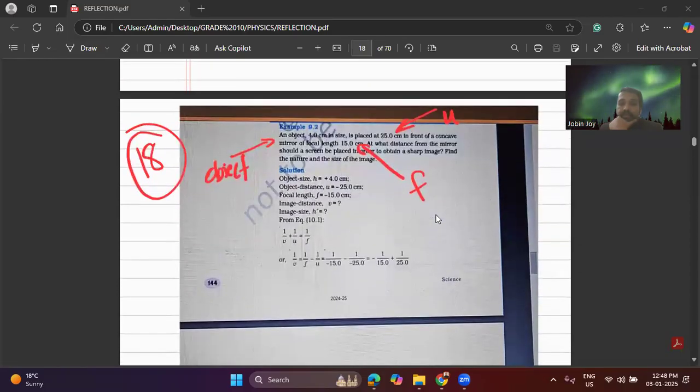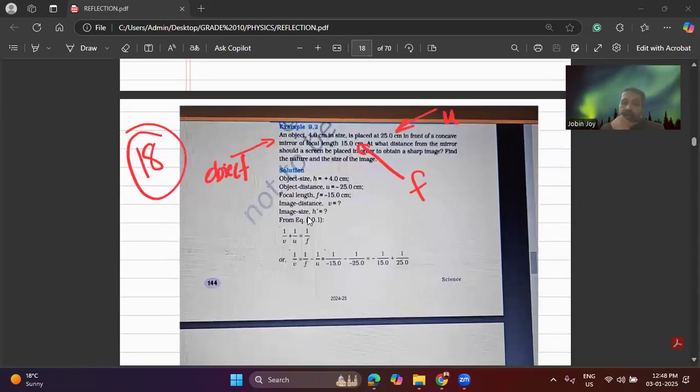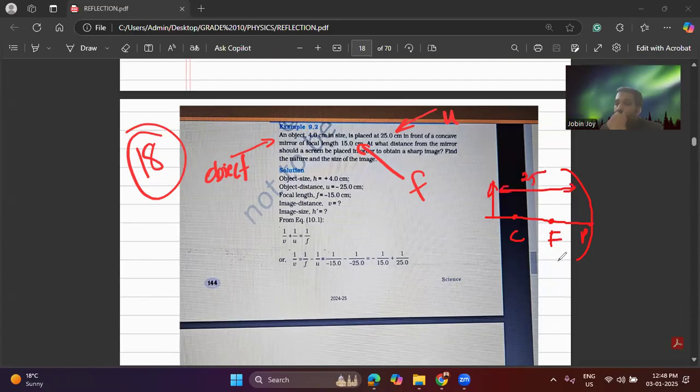So you have to find the nature of the image, right? Here, where is the focus f? So this is the concave mirror. This is p, this is f, and this is c. Object is at a distance of 25 centimeter, right? f is at a distance of 15, right?